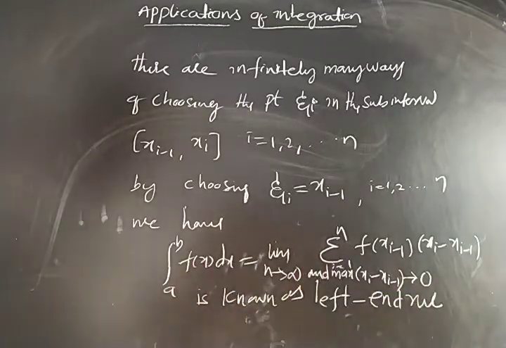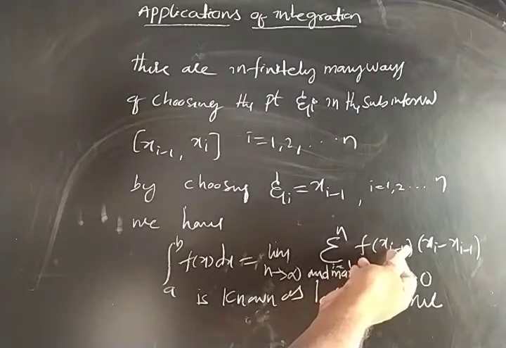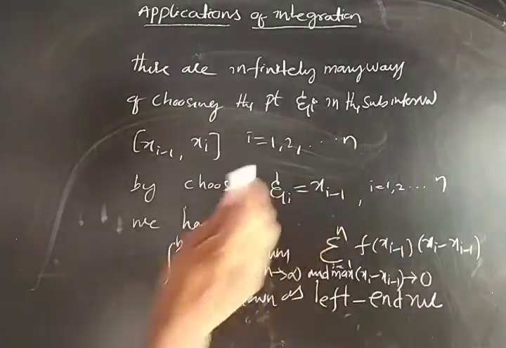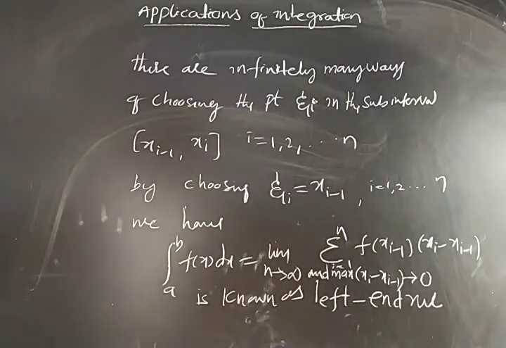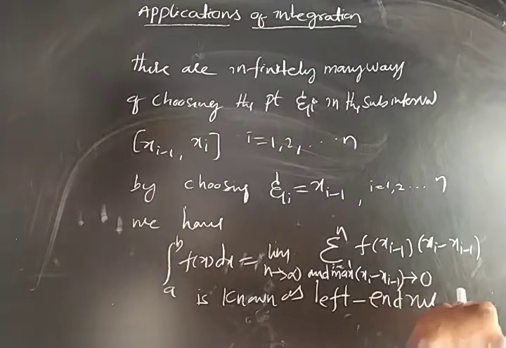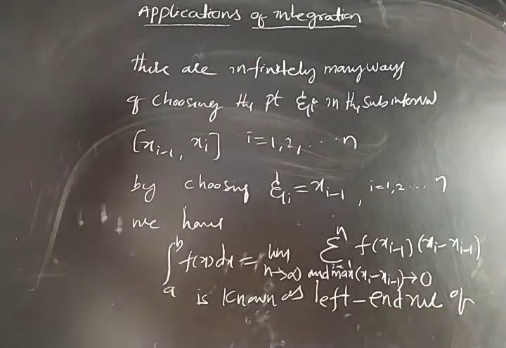If you select the lower limit of the interval, then this is known as the left hand rule of Riemann sum, the left hand rule of Riemann integral.